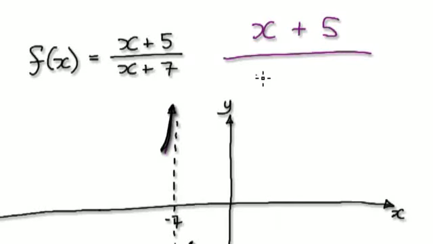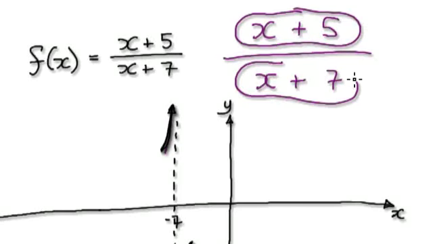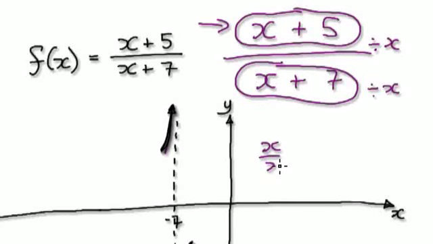Okay, so you've got this thing divided by this thing here. The trick that we normally use is visualize it as one bubble here, and one bubble here. Divide top and bottom here by x. So this top part here will be x over x plus 5 over x.